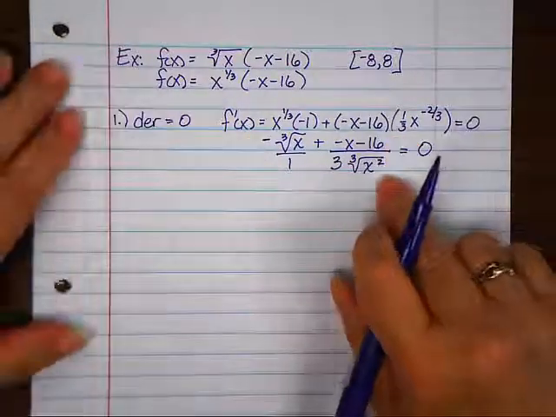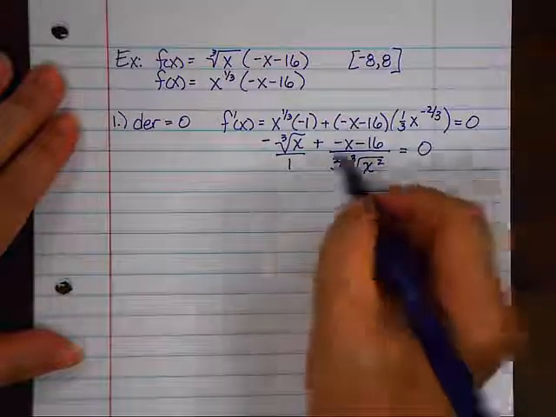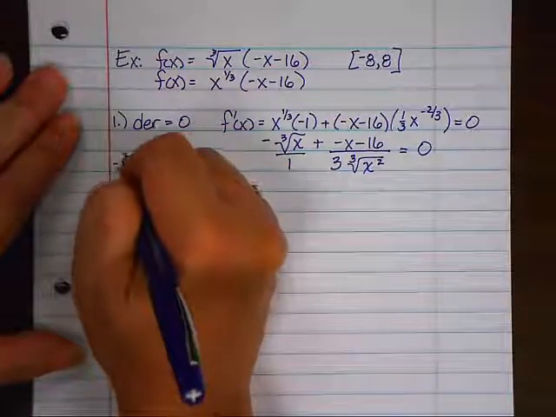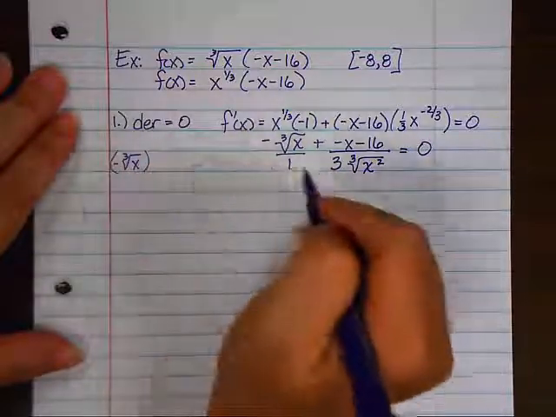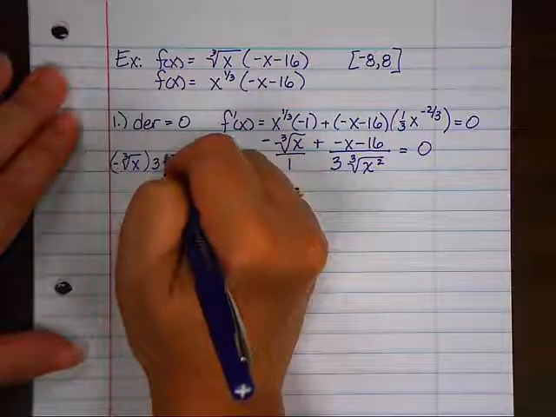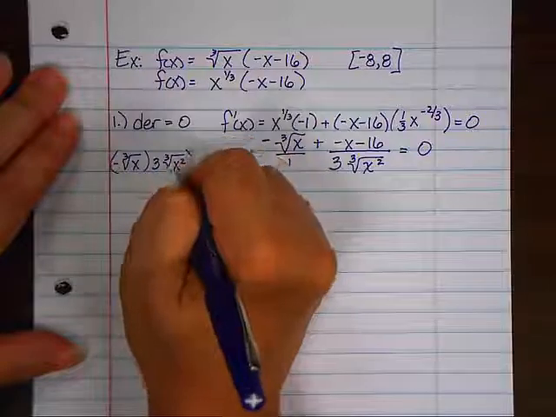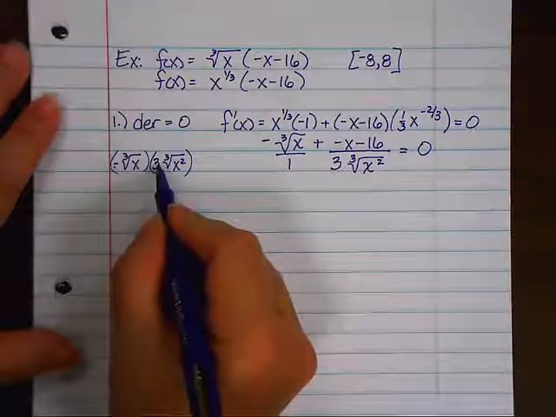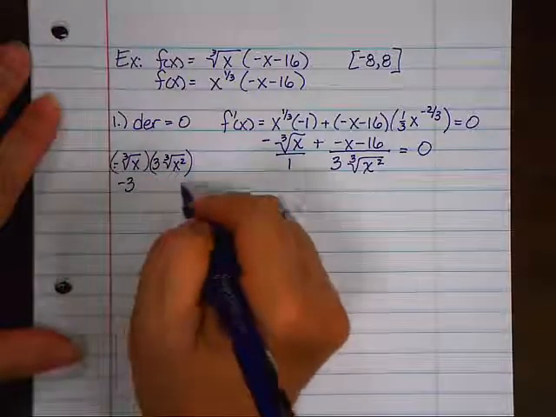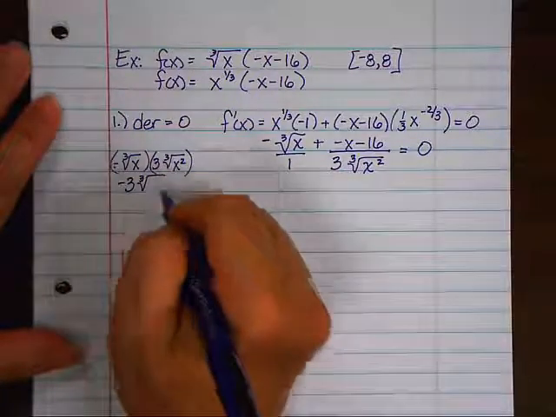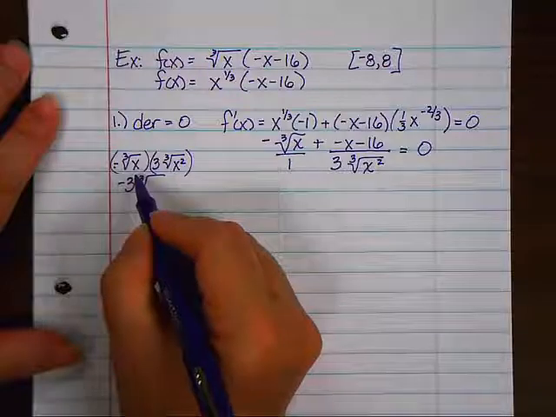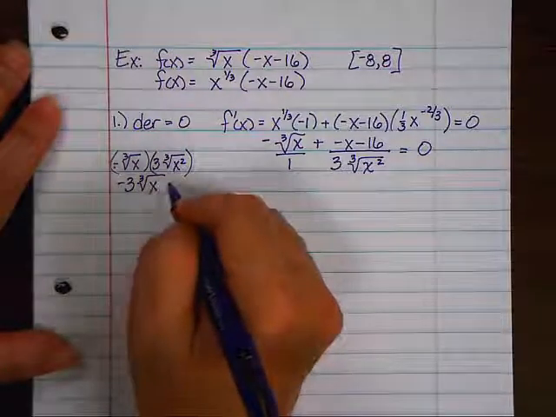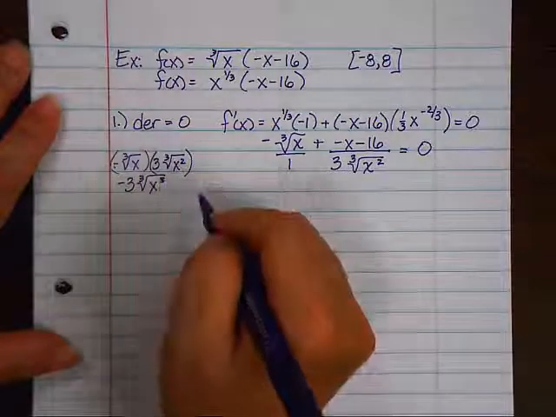All right? Now, here's what we're going to do. We're going to do this multiplication out to the side. We have the negative cube root of x times 3 cube roots of x squared. So I have a negative times a 3, that's negative 3, and then multiply the radicals together. What is the cube root of x times the cube root of x to the second? The cube root of x to the third, right?